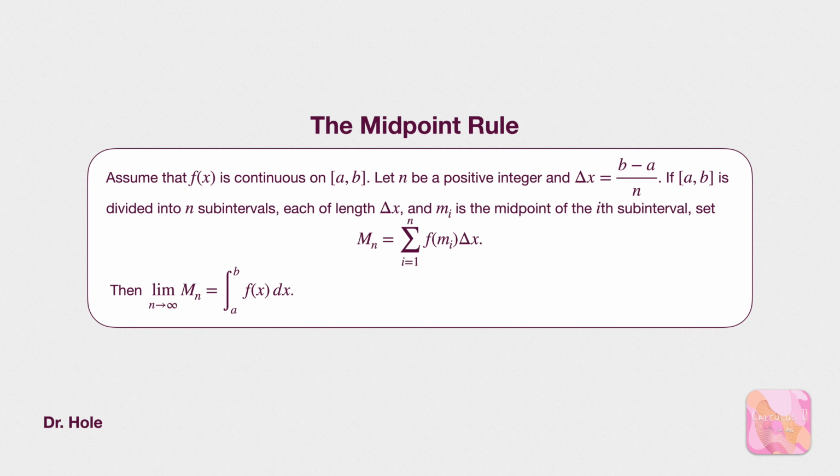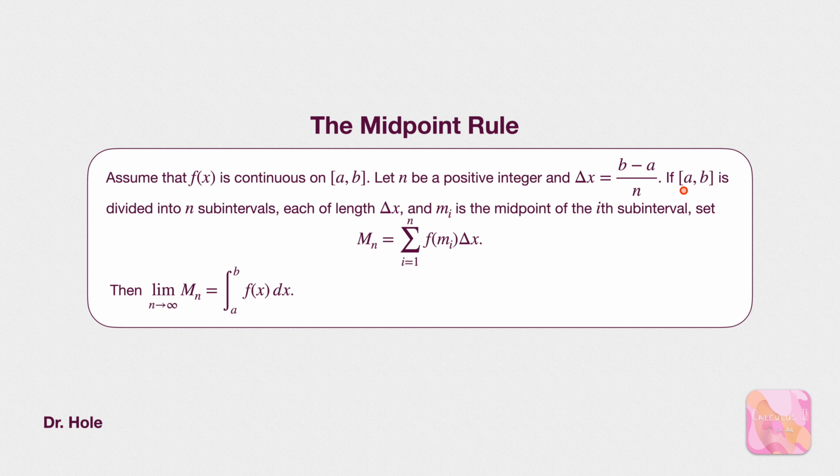Let's write down the formal statement for the midpoint rule. We take a function f, which is continuous on the interval a to b. We let n be a positive integer, and we set delta x to b minus a over n.